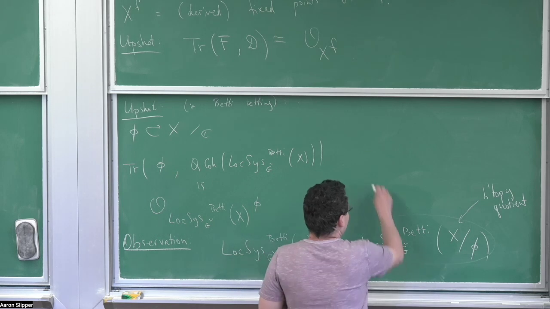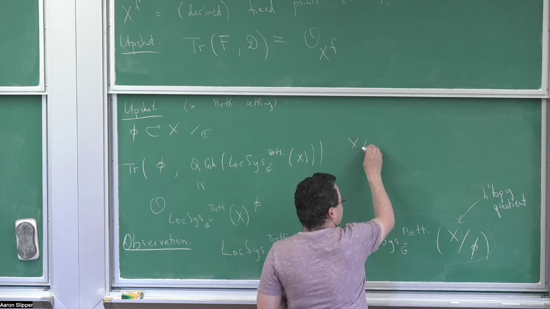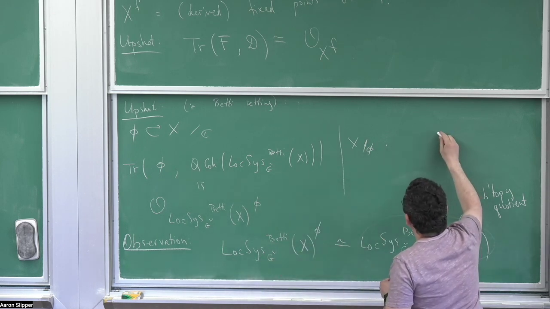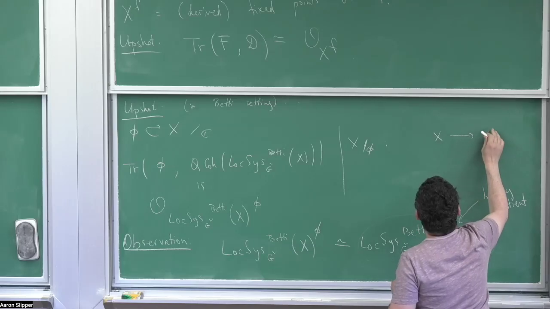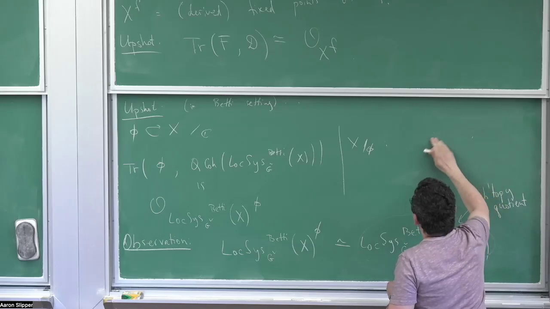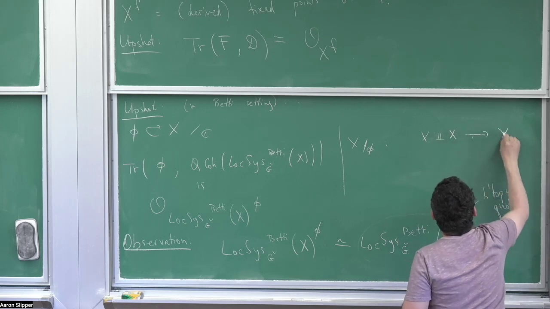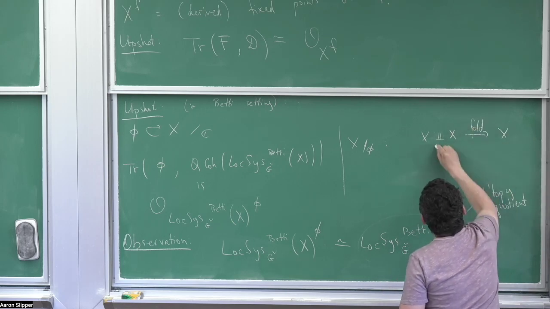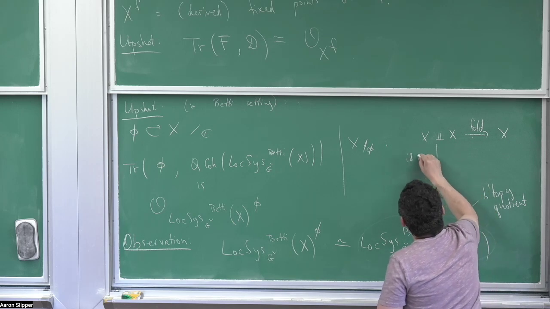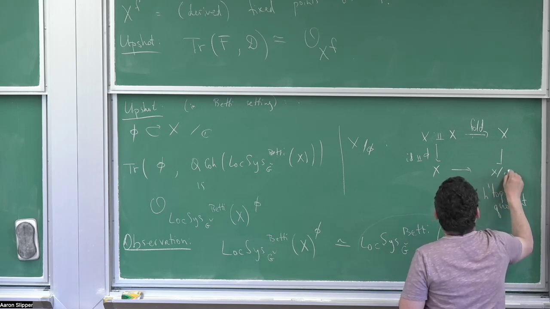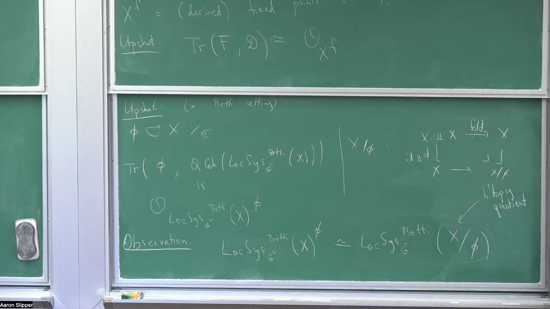So if this is just an endomorphism, by definition, you do the following: you have X mapping into... this gives us so much data. That's just what I need.